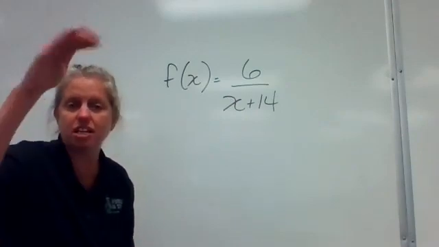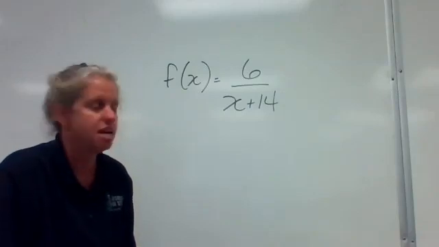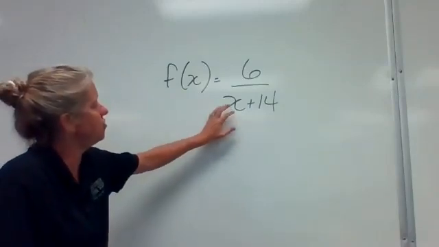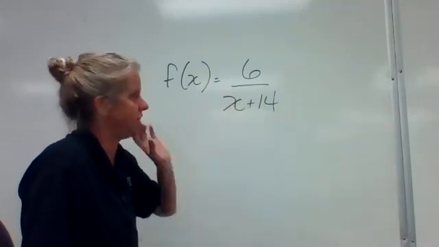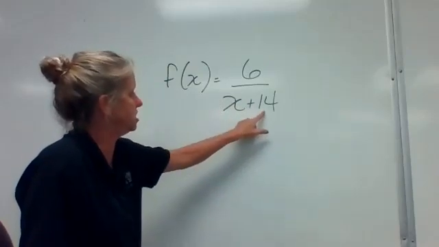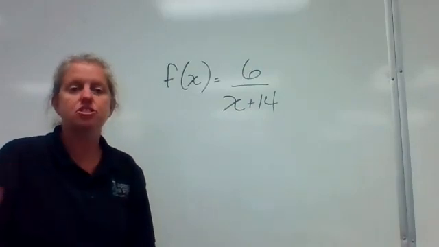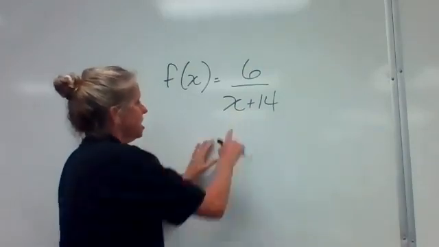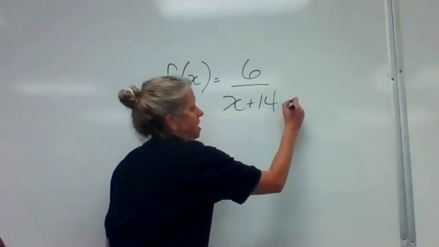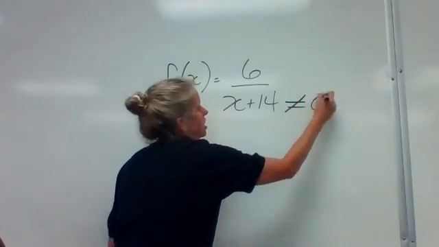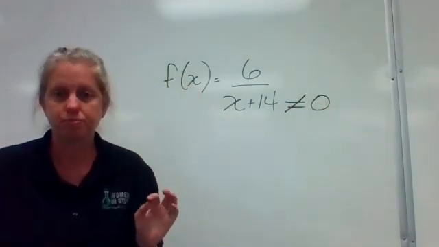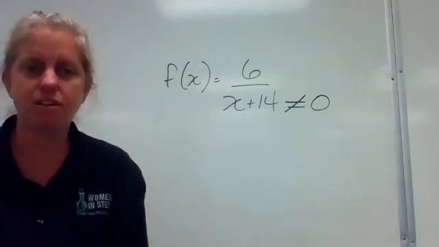You're not going to be able to do 6 divided by 0, right? So what I need to do, and a lot of you can probably look at this one and see what that number is that turns that into 0, but you're not always just going to be able to look and tell. So the step that you say is, okay, x plus 14, which is my denominator, cannot equal 0 because that would make that undefined.